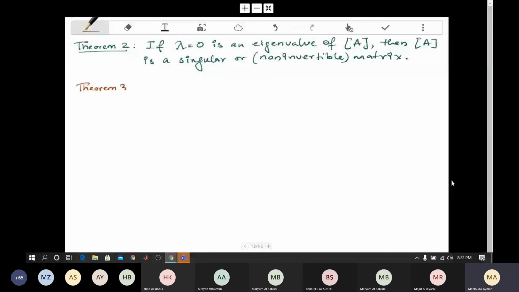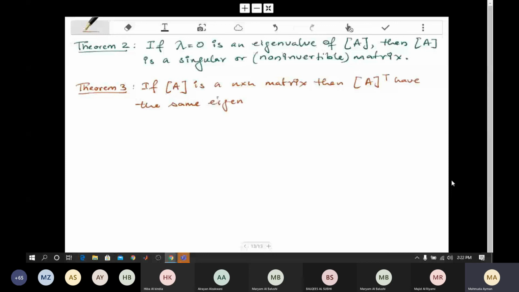Theorem 3. If matrix A is an n by n matrix, then the transpose of that matrix has the same eigenvalues as the matrix.